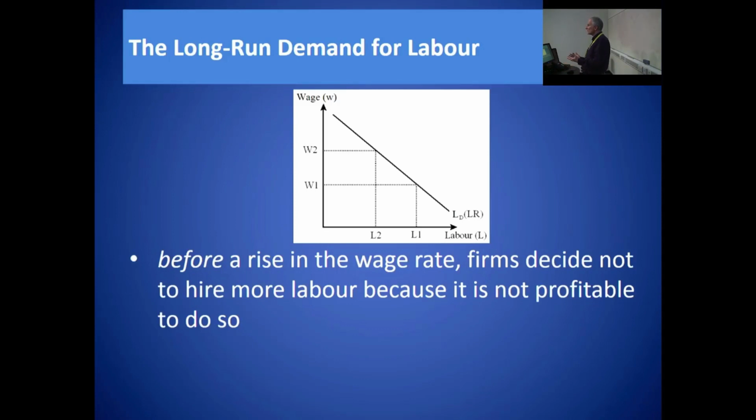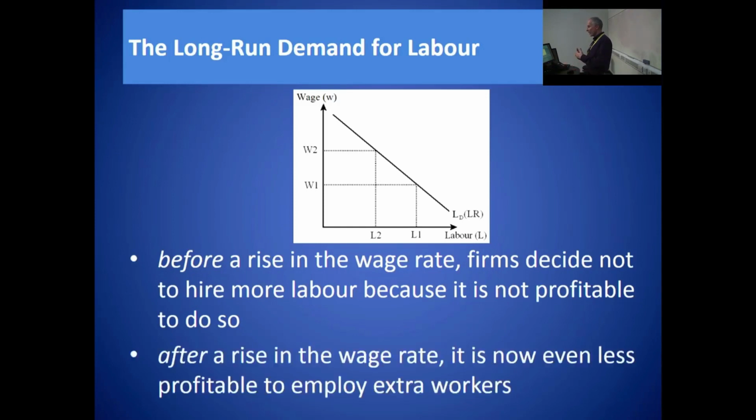So if a firm didn't employ them before the price went up, it absolutely won't employ those units of labour after the price has gone up. And hence, could that then be a logical response? Would you employ more units of labour? Would you employ more of a factor input when its price rises? No. The only thing you would do is employ less.